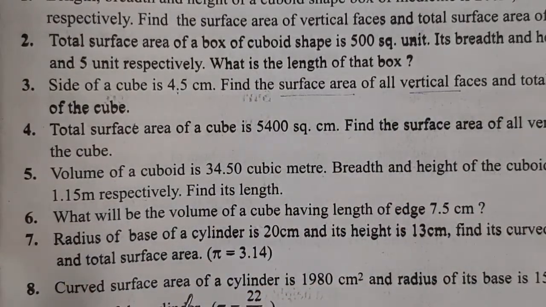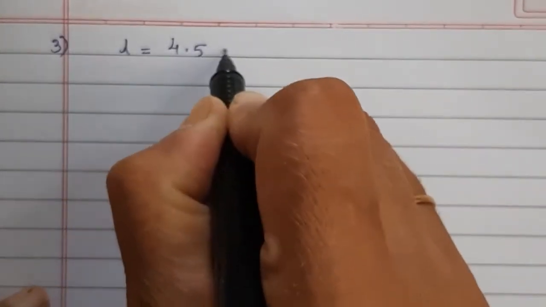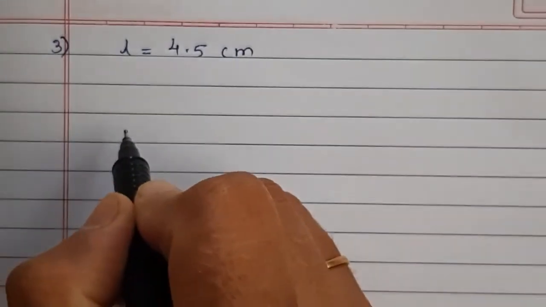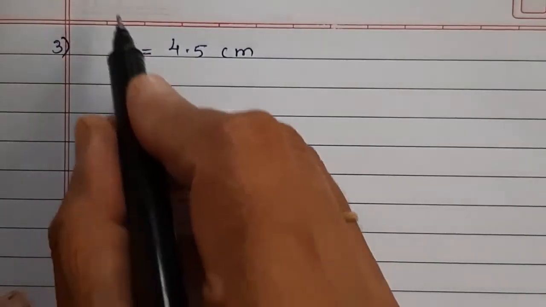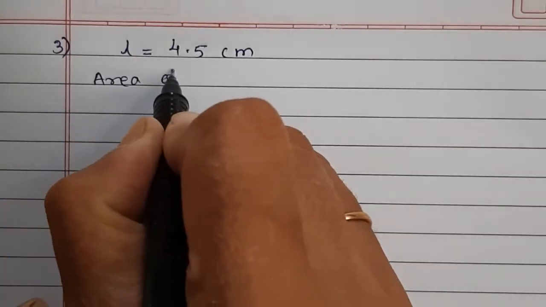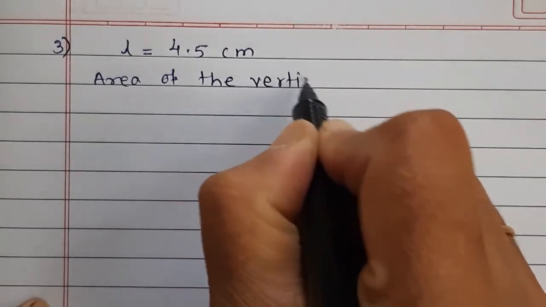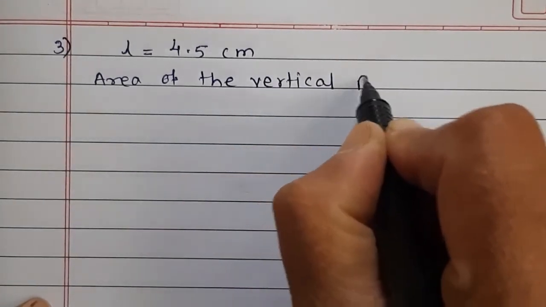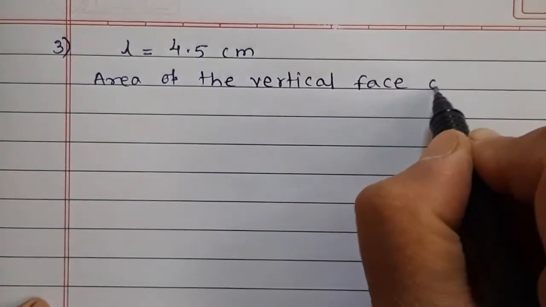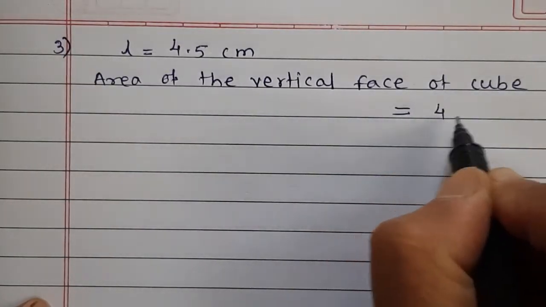Now see the solution. Here L is given 4.5 centimeter. We have to find the area of vertical face. So here area of vertical face of cube equals 4L square.